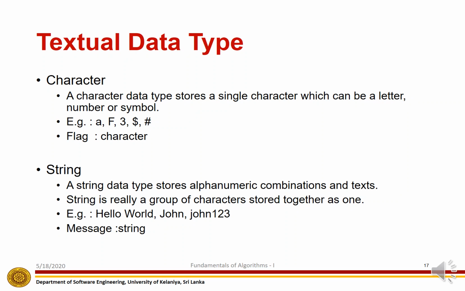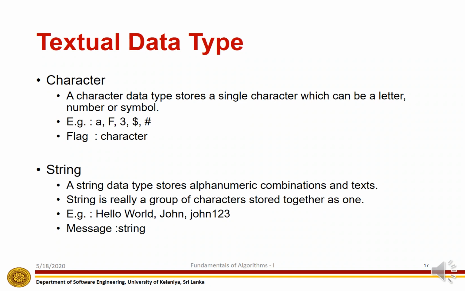Then we will move to the textual data. One type is character, which stores a single character which can be a letter, number or a symbol. You can see the example in here, small a, capital F, 3, dollar mark, hash, all are characters.